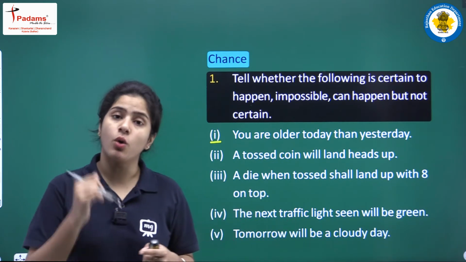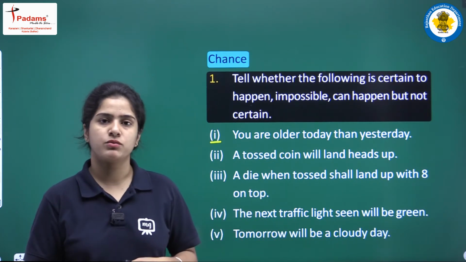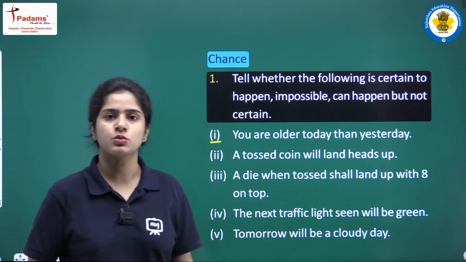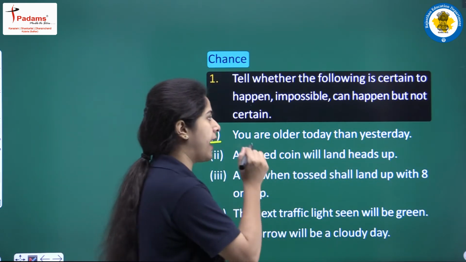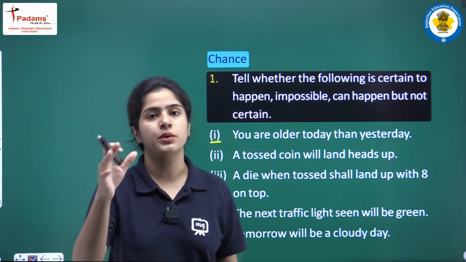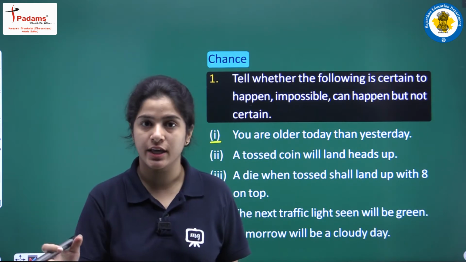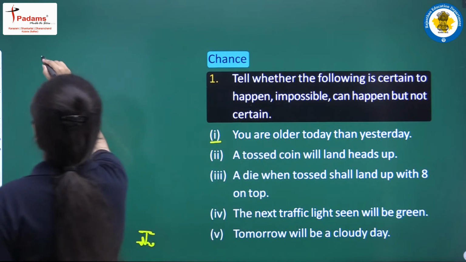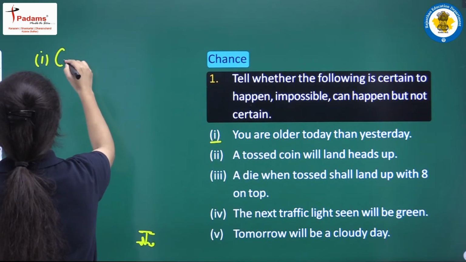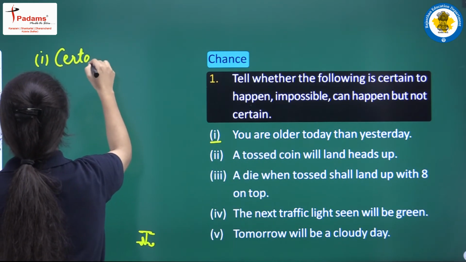So you will be older now than yesterday. This is sure that it will happen, that compared to yesterday you will be older today. So this is certain. So the first is certain to happen.